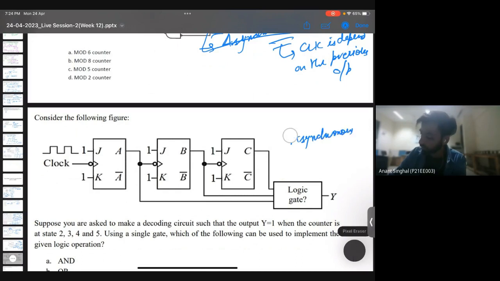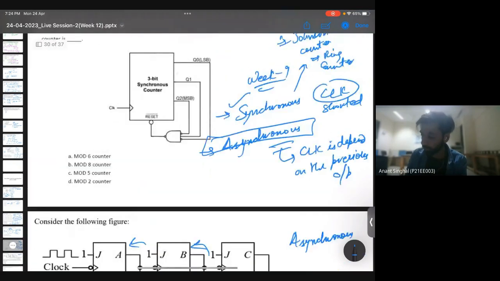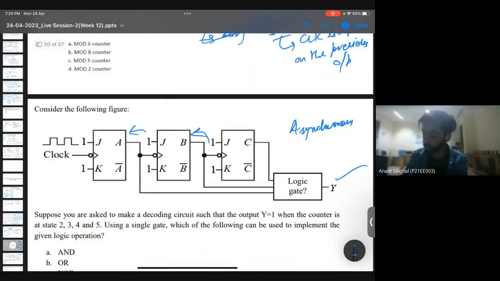Sorry, this is a synchronous one. All the clocks are shorted, you can see. Sorry, it is asynchronous only. They are not shorted, they are dependent upon the previous output. So you should know how to approach these types of questions to find the logic given in the question. So this is from weeks 9, 10, 11, most of it.